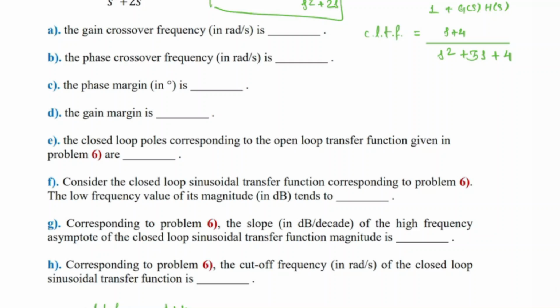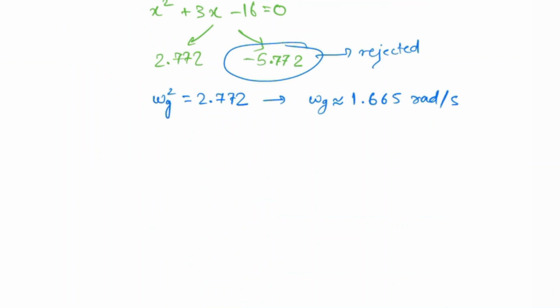Now we are to find the phase crossover frequency. So we have g of j omega h of j omega equaling j omega plus 4 over minus omega square plus 2j omega.